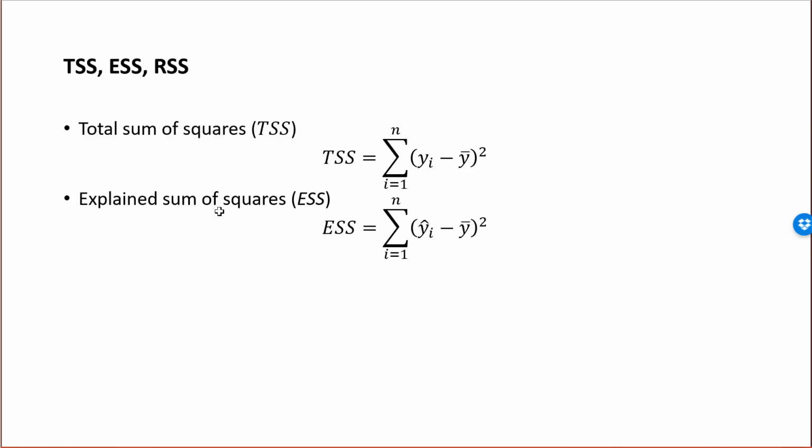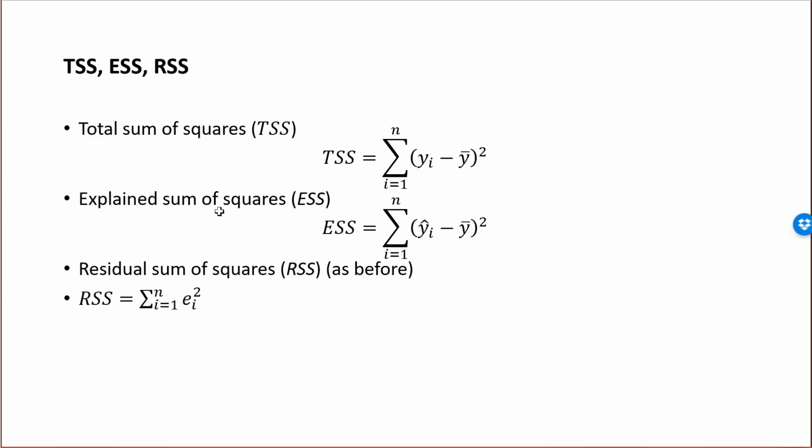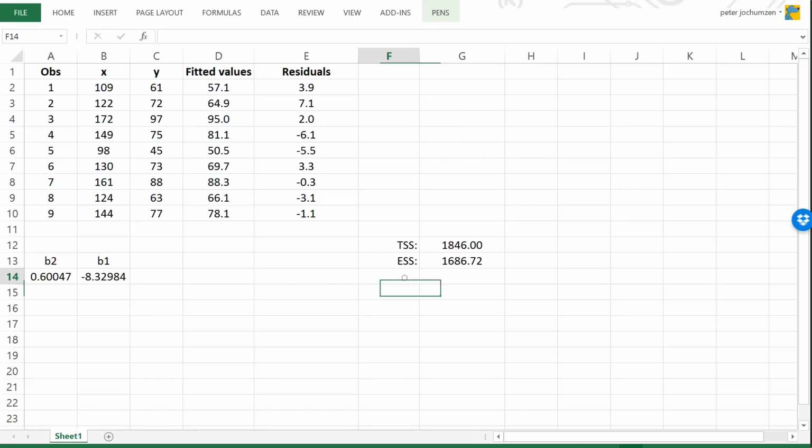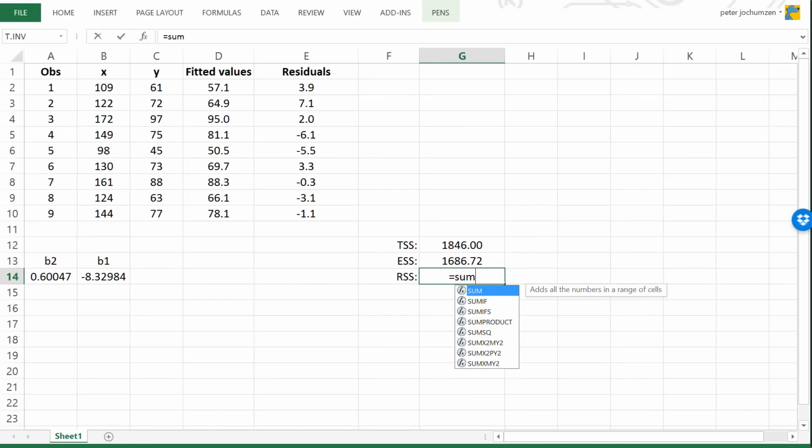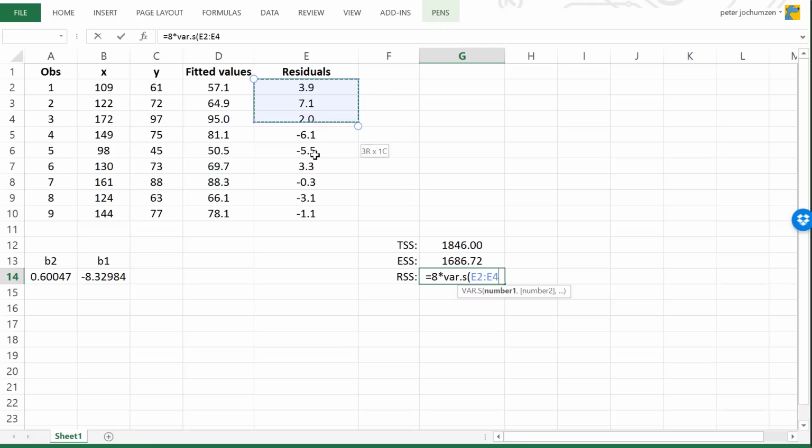And the final sum of squares concept is the RSS, residual sum of squares. And we've seen that before. It's just the sum of the squares of the residuals. So we can fill that out also, and we have the complete trio. Let's use the same formula, because we can use exactly the same formula: 8 times the sample variance of the residuals, VAR.S.